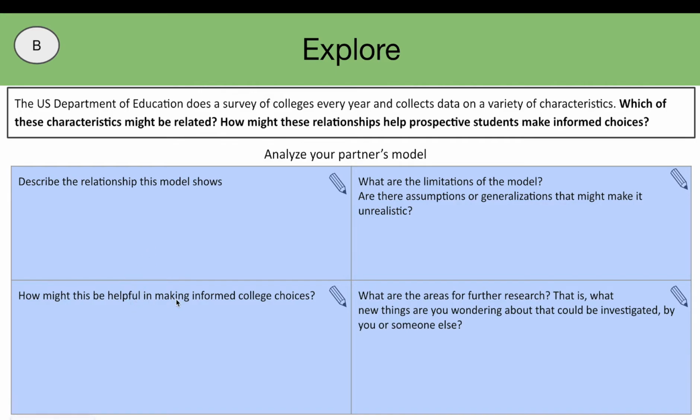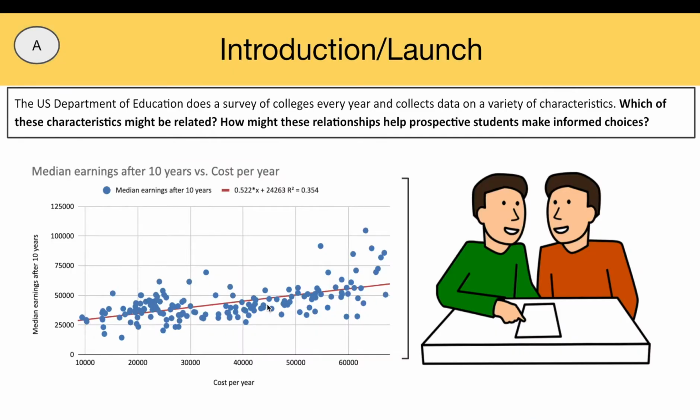How might this be helpful in making informed college choices? Before we jump to that, I just want you to think about also for that question, is there a relationship? What is this model showing? Well, there is some relationship because you see some of the points clustering here, but the correlation coefficient is only 0.354, and we have a lot of outliers and a lot of points that are not clustered around the line.